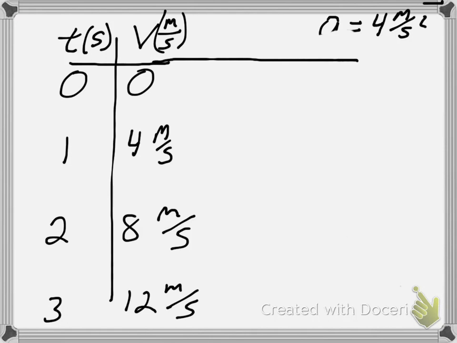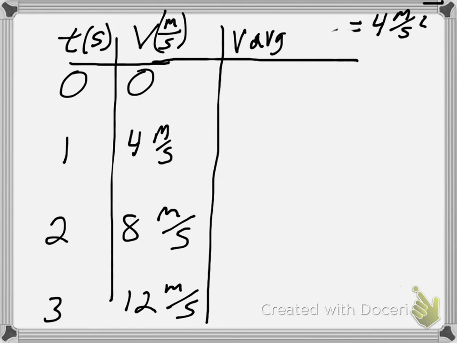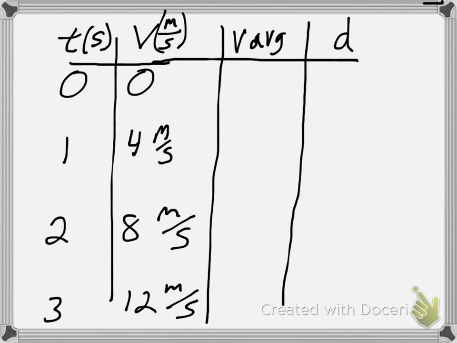So, what we want to do is calculate the average velocity in between each time interval, and then calculate the distance that goes along with that average as well. Right? So in the first time interval, our velocity started at 0 and then went up to 4. And if we take the average of these two velocities, 0 and 4, the average is going to be 2.